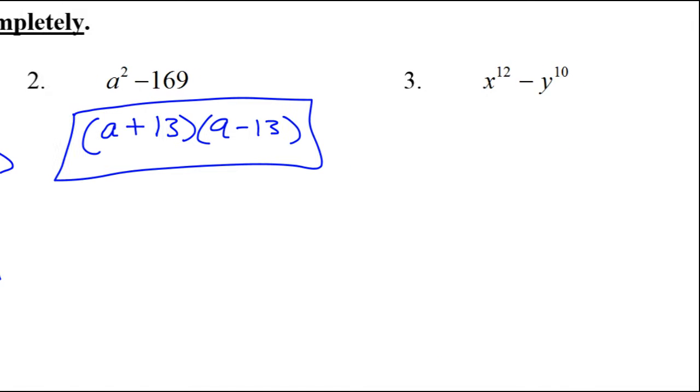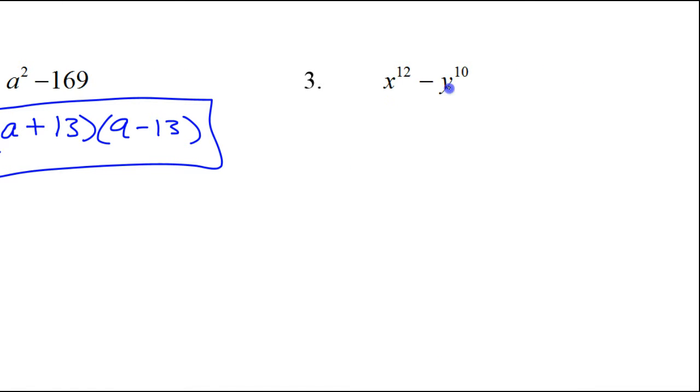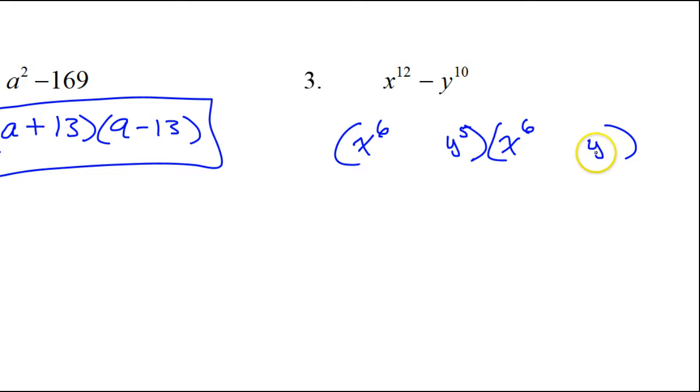Now, number 3 is also the difference of 2 squares. If you have a variable and a power, any even power is a perfect square. So I'm going to use that same pattern. If I split this right down the middle, this will be x to the 6th power times x to the 6th power, and this one will be y to the 5th power times y to the 5th power.